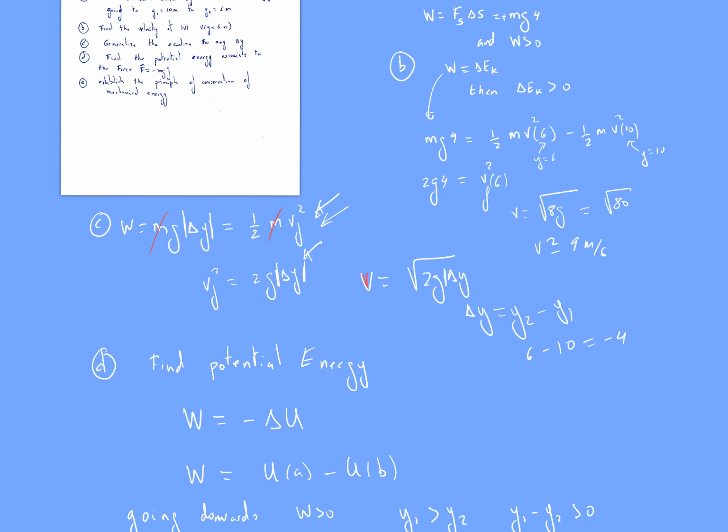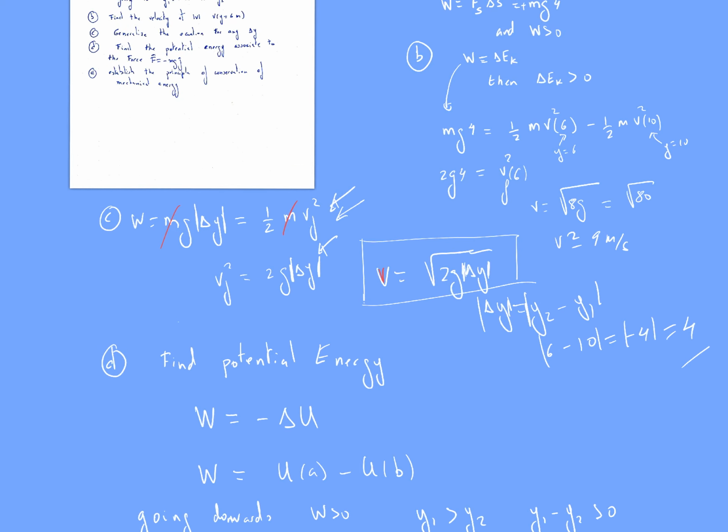So with the absolute value, this v makes sense. Whether delta y is positive or negative, you have to consider its magnitude, and the magnitude of minus 4 is 4. And now it makes sense. For question D, we have generalized the equation. This is the velocity when the object has been displaced by the amount delta y.